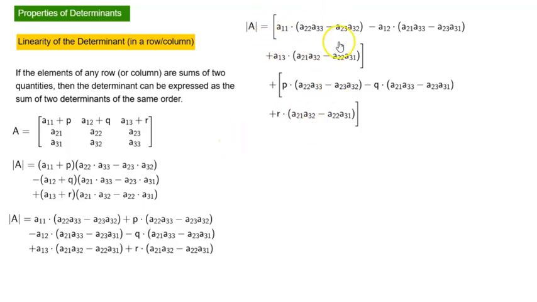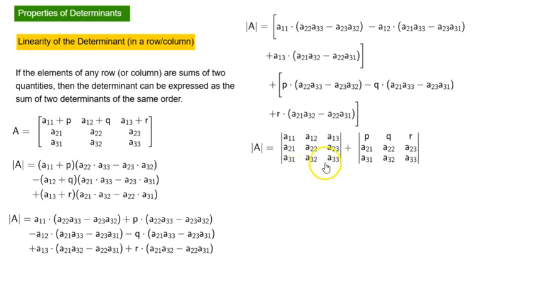Now, what is the first bracketed expression? That is nothing but the determinant of A11, A12, A13, A21, A22, A23, A31, A32, A33. Whereas the second bracketed term is the determinant of P, Q, R, A21, A22, A23, A31, A32, A33.